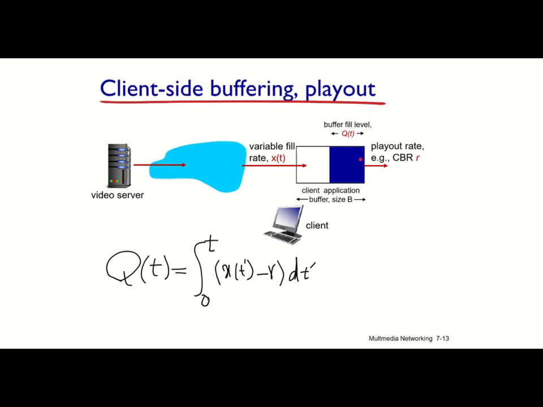Since we consider the buffer as a closed system, the buffer fill level, which is specified by q of t, is also variable, and it can be calculated by the integral of the input flow of data, which is x of t prime, minus the output rate, which is r, d t prime, and then the integral should be from the time we start the process, which is 0, all the way to a certain time, which is t.